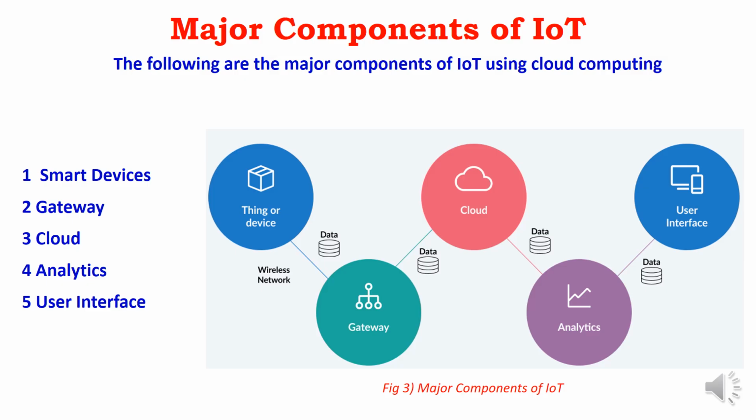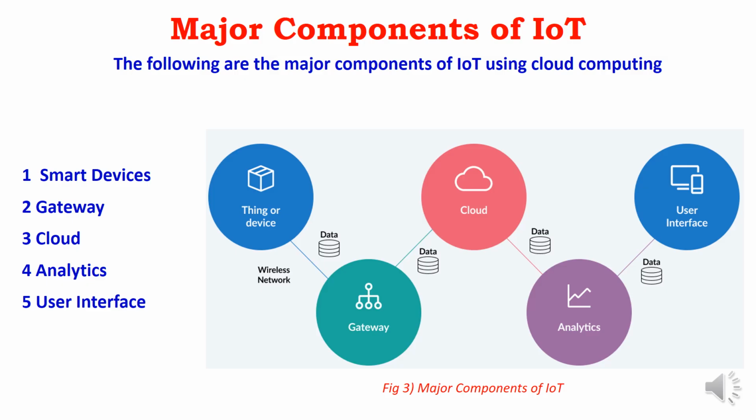The data that is collected from the devices is converted into a compatible format and will be stored in a database in the cloud through the gateway. The data stored in the database is processed and analyzed. With the help of the processed data, the user may control the devices using the user interface.